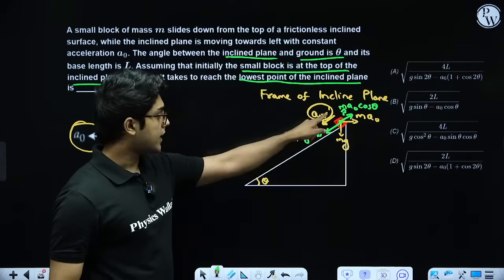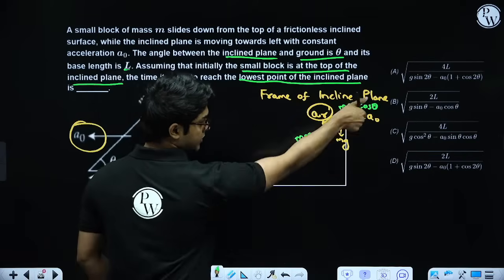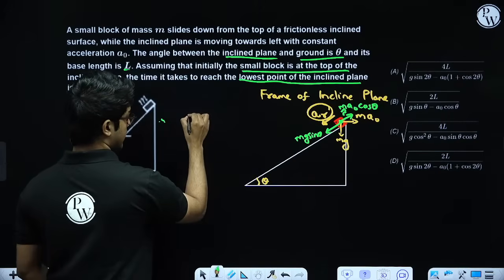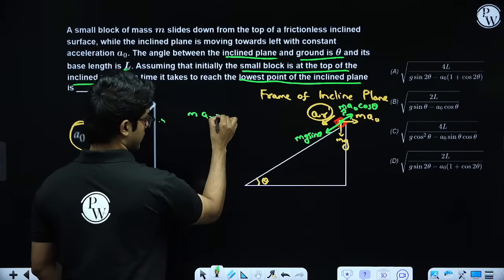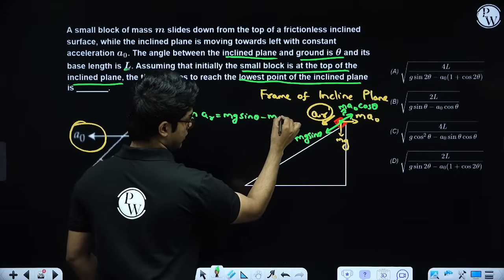So in the direction of the relative acceleration, the net force is mg sine theta minus ma naught cos theta. So m times A relative is mg sine theta minus ma naught cos theta.